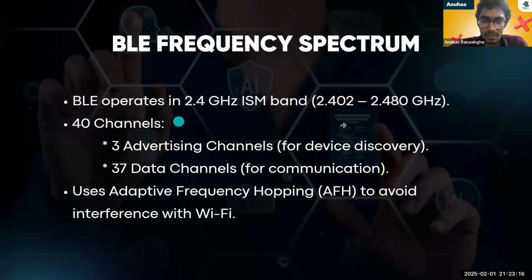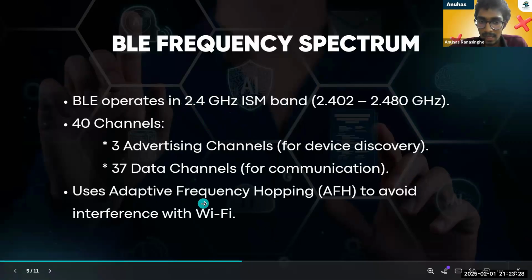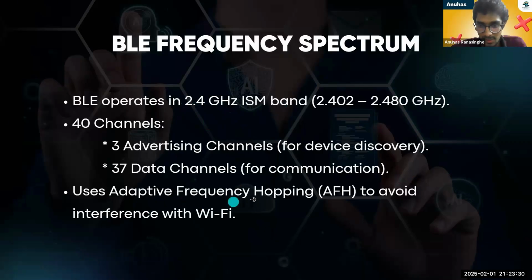Also, as you know, Wi-Fi also operates in this 2.4 gigahertz ISM band. To reduce interference, there is a special mechanism for BLE called adaptive frequency hopping. It doesn't use a fixed frequency within this range; it is always changing its band again and again.